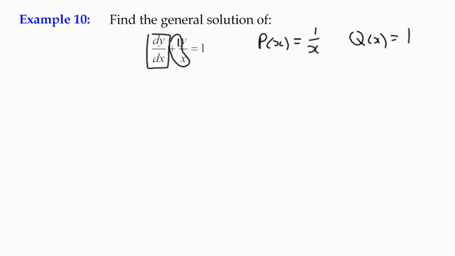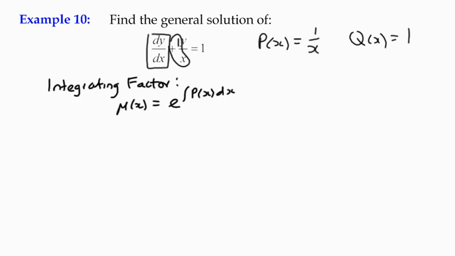So what we can say is that the integrating factor mu of x, what did we say? It was going to be e to the power of the integral of p of x dx. Now, it's better just to deal with that at the side first of all, rather than deal with the integral in everything else. So I always tend to do this at the side.